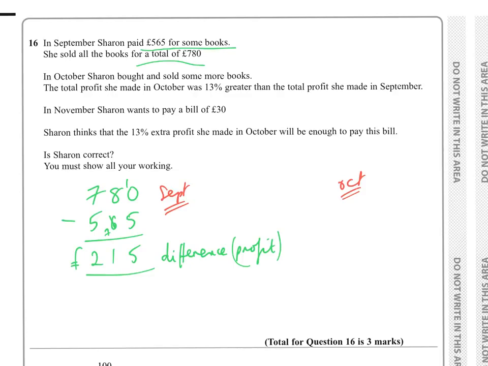Is Sharon correct? Well, let's work out 13% of, well, the profit she made in September, so 215. So on the calculator, that's 13 divided by 100 times 215, or just straight away 0.13, using your idea of converting percentage into a decimal straight away.